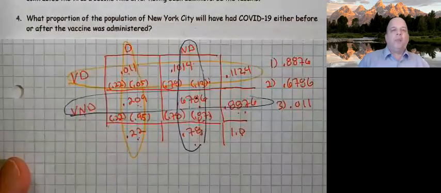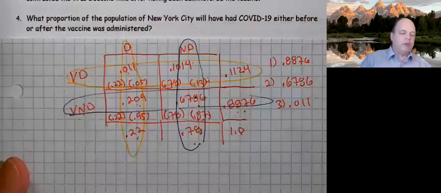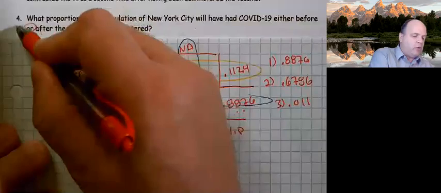What proportion of the population of New York City will have COVID either before or after the administration? As soon as I see the word "or," I think union.